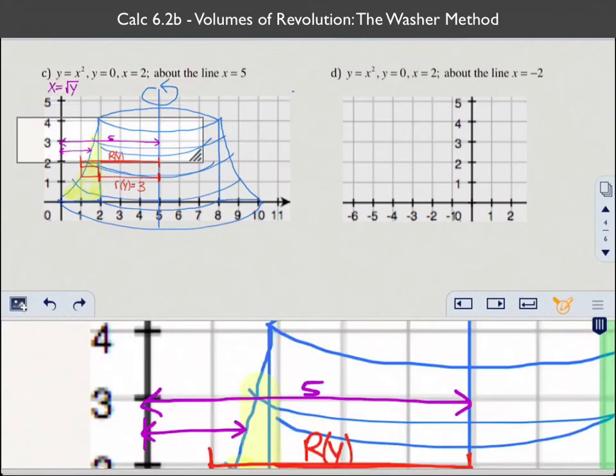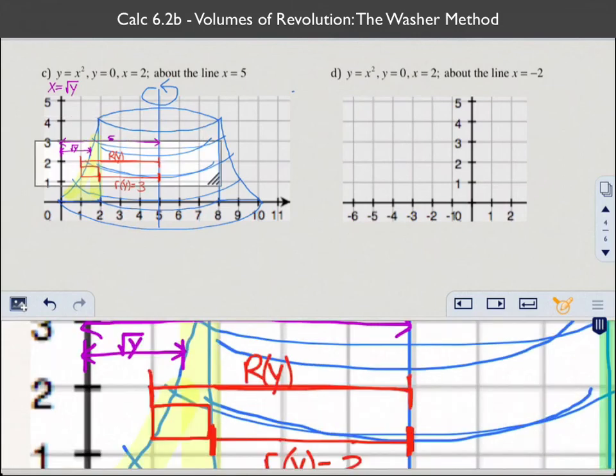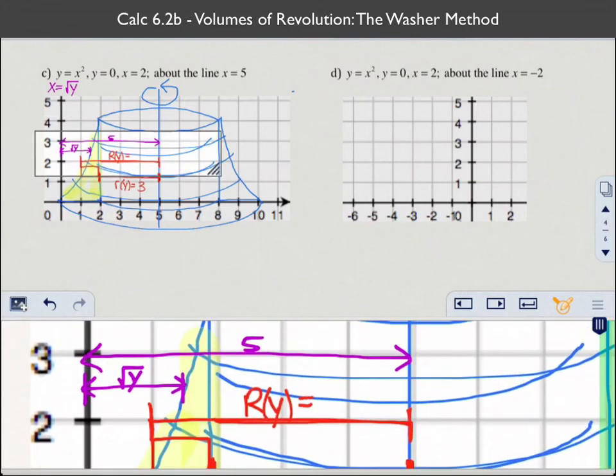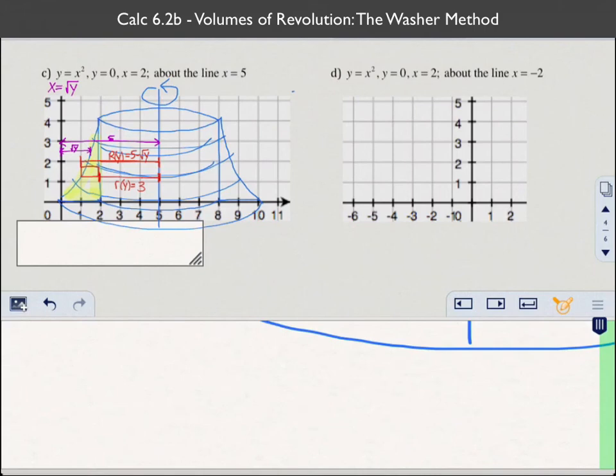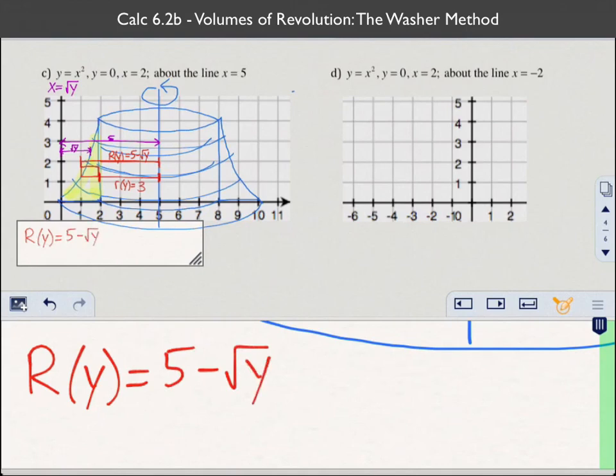So the distance from here to here is just going to be the square root of y. So if we want to find R of y, it's going to be 5 minus the square root of y. Okay, so again, capital R of y is 5 minus the square root of y. Lowercase r of y is just going to be 3.